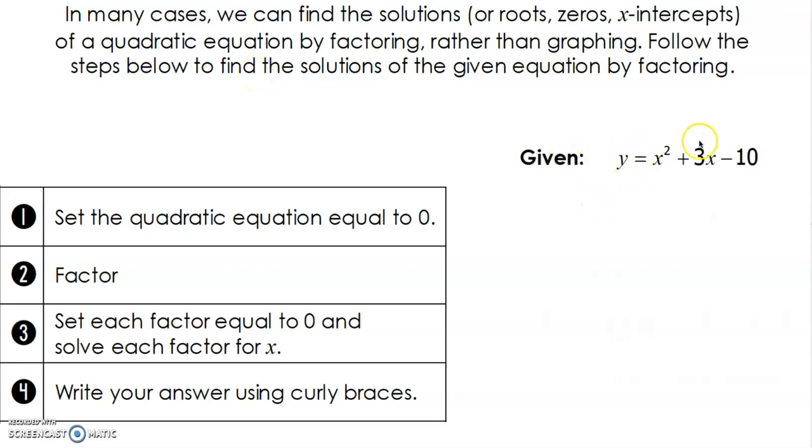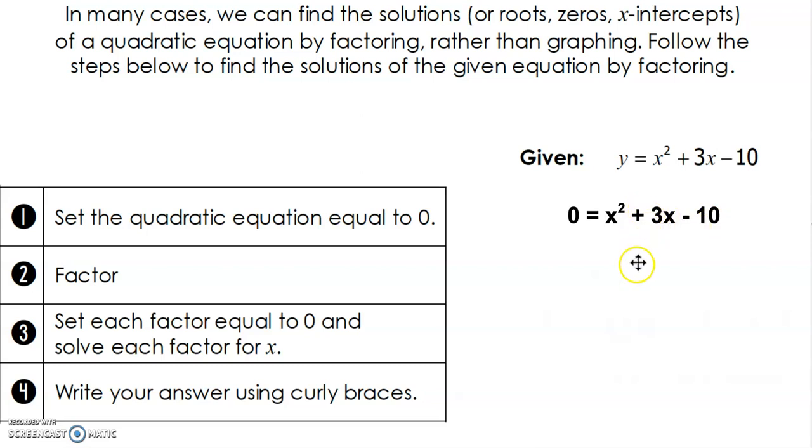Given this quadratic equation, y equals x squared plus 3x minus 10, first, we're going to set the quadratic equation equal to 0 because the roots occur where y is 0. So 0 goes in place for y. Now this looks like a trinomial that we've been used to factoring. x squared plus 3x minus 10. We could do our diamond: what multiplies to be negative 10 and adds to 3.